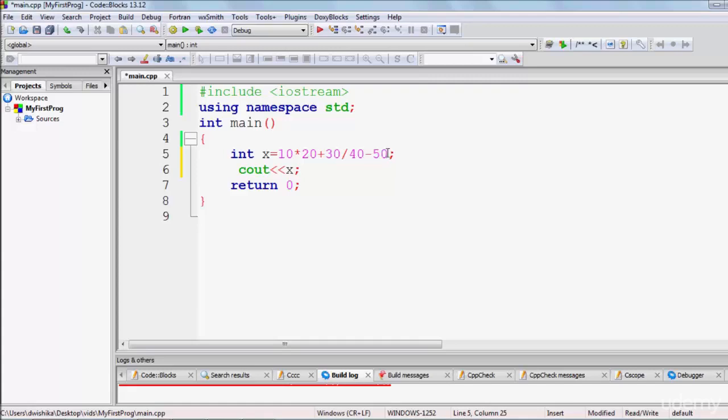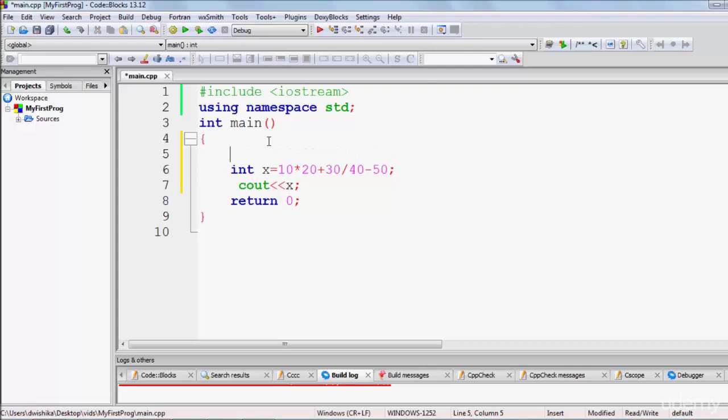So for the first time when you see it, it will still calculate the value of x, but when another user or you yourself see this calculation, it looks a little bit complex and you will not be able to understand it by seeing it for the first time. You need to think about what will happen first.